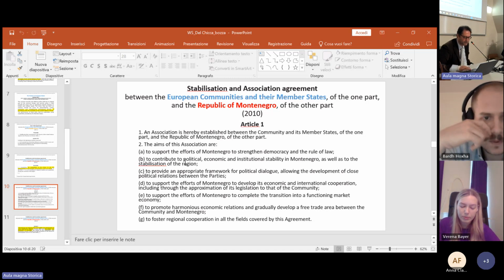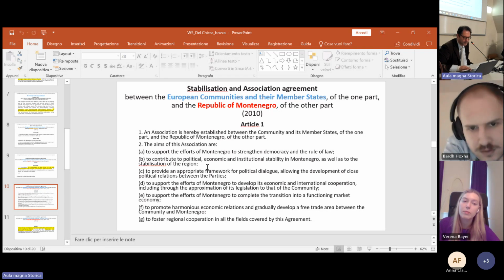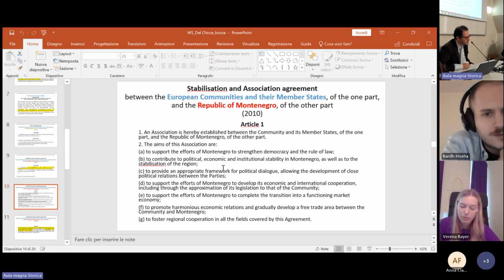Among these, we find, for example, to provide an adequate framework for political dialogue, allowing the development of close political relations between the parties. And if you remember, this is one of the principles of the Charter of the United Nations, the cooperation, the dialogue between states.